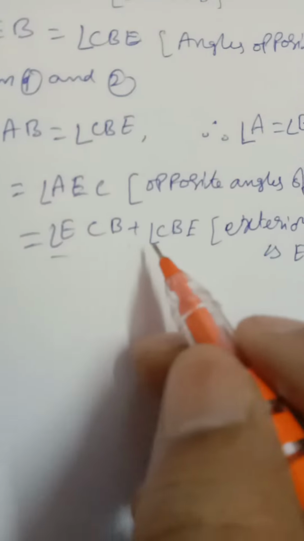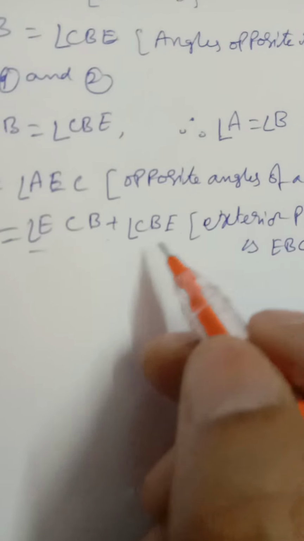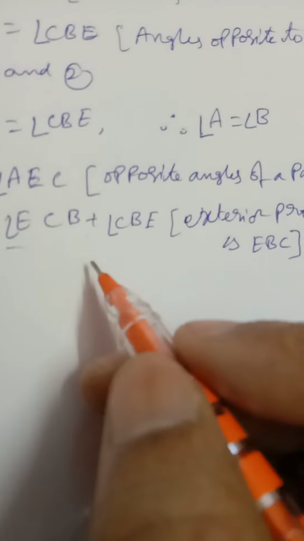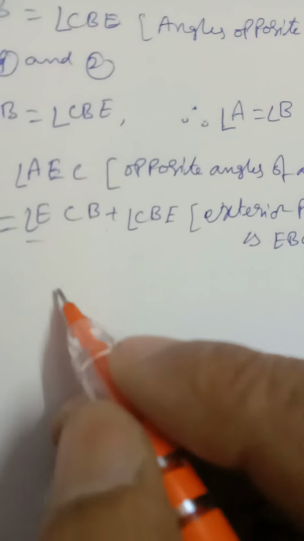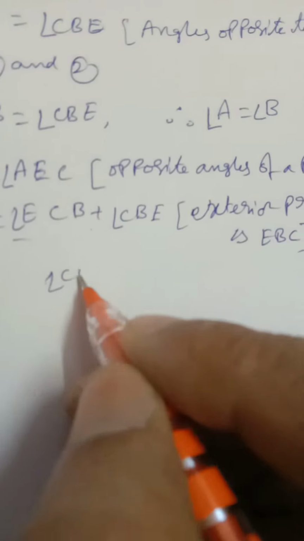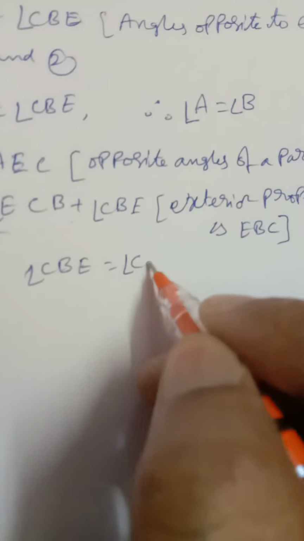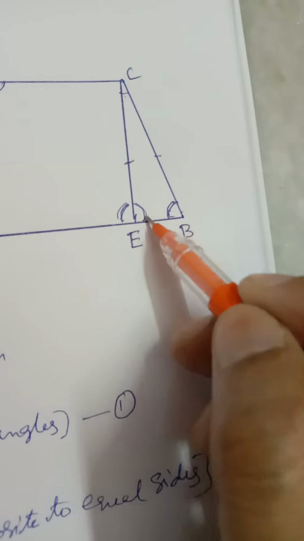Therefore angle ECB plus angle CBE, and angle CBE is equal to angle CEB, two angles are equal.